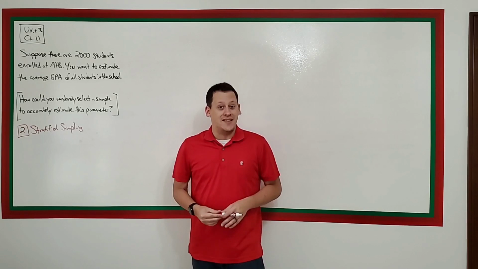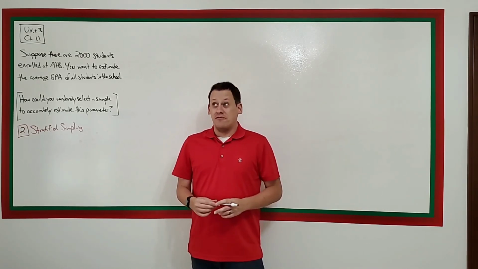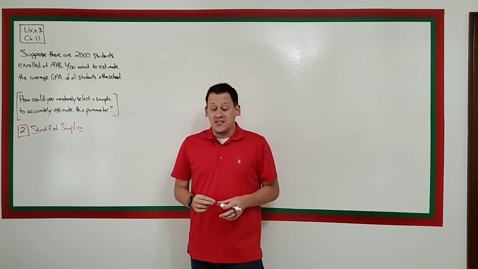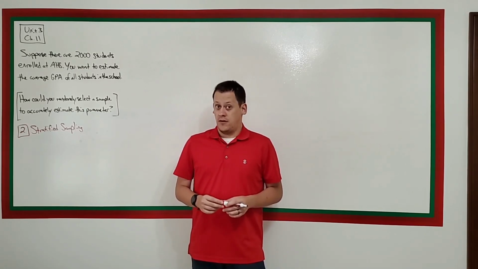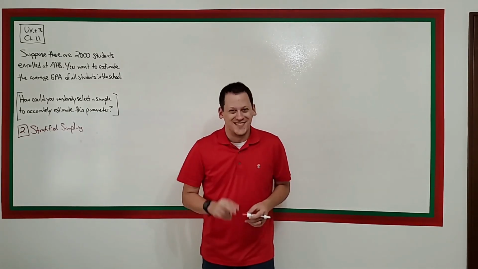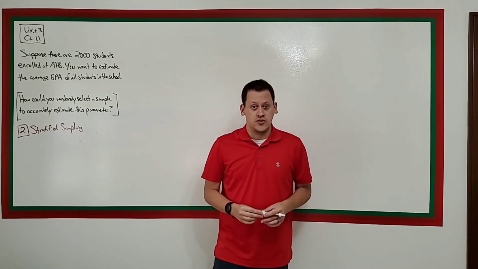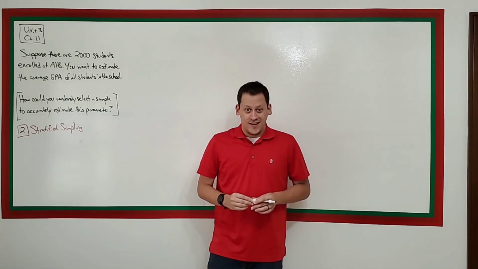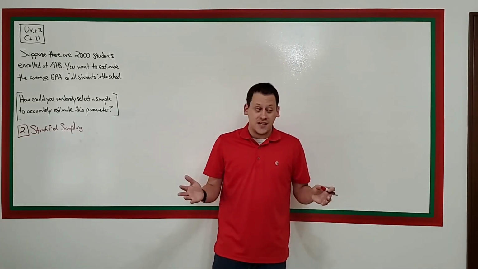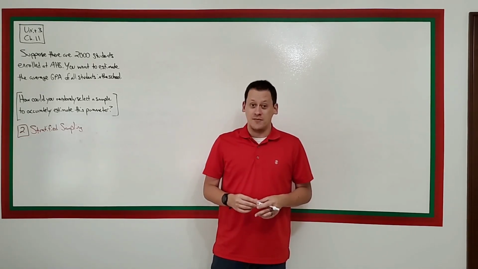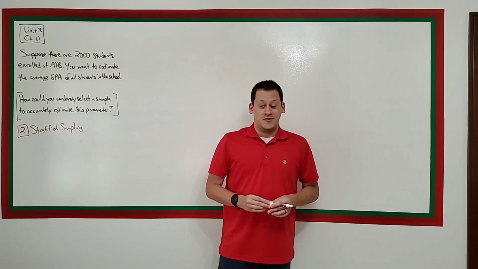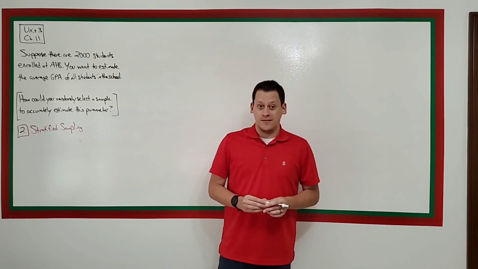It's not particularly likely, but it could happen. In fact, it's possible for all 200 students in our sample to be freshmen using an SRS. Every sample of size 200 has the same chance of being selected. 200 freshmen, it could happen.